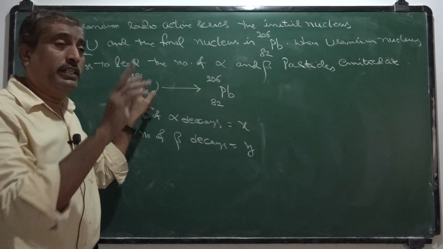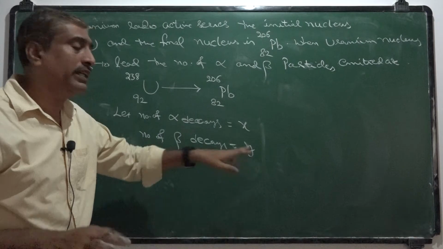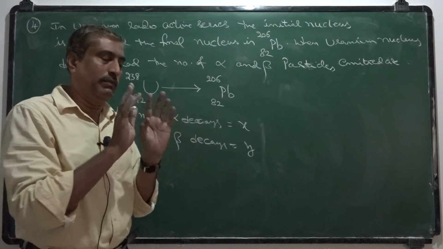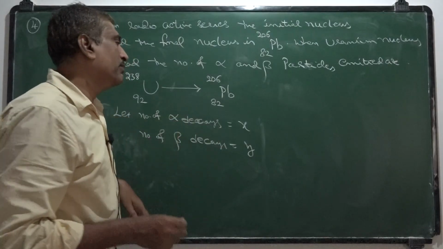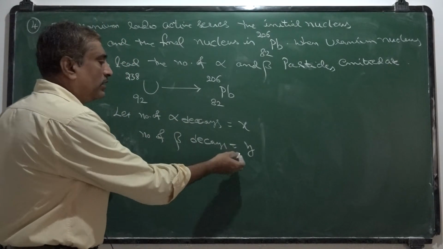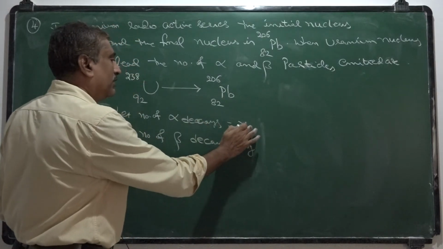For alpha decay there is a change in both mass number and atomic number. For beta decay there is no change in mass number, only in atomic number. So as there is no change of mass number for beta decay, we first consider alpha decay.